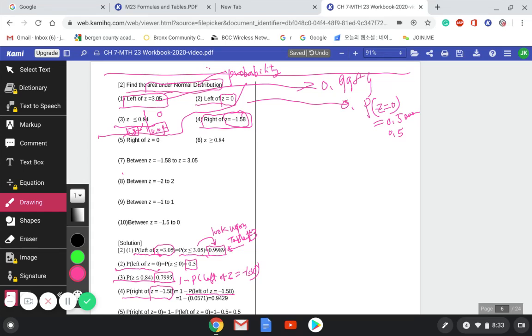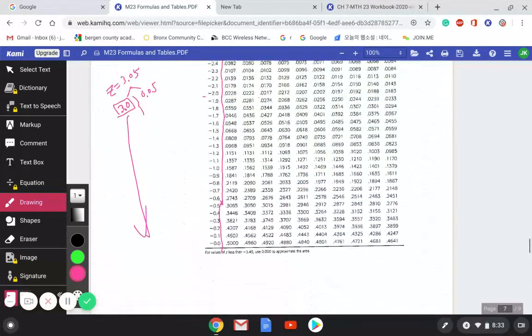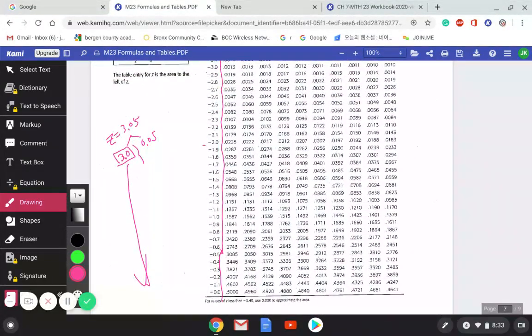So since it is negative 1.58, you separate that into two parts, negative 1.5 with 0.08. Okay, so let's go back to table number 3 and negative 1.58. Negative 1.5, here it is, and 8, right?